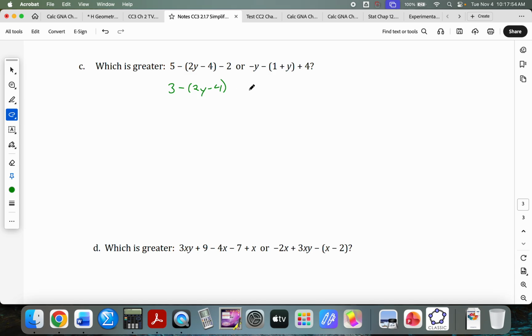And here, I've got negative y plus 4 minus 1 plus y. So group any things that are alike to start with. Then we'll flip the negative part, so that'll be 3 minus 2y plus 4. And negative y plus 4 minus 1 minus y.